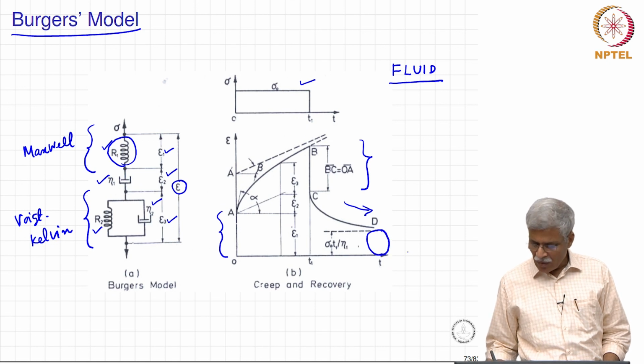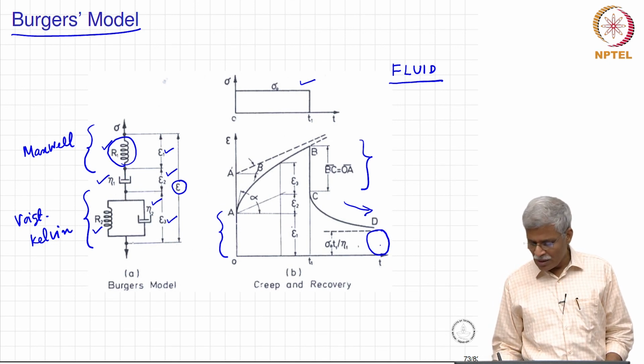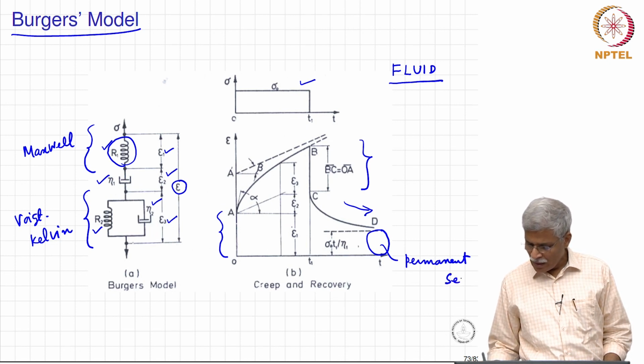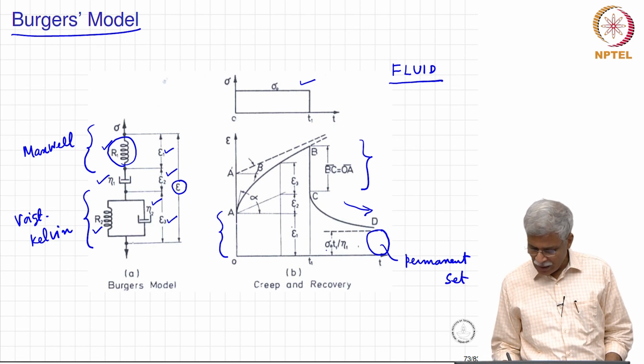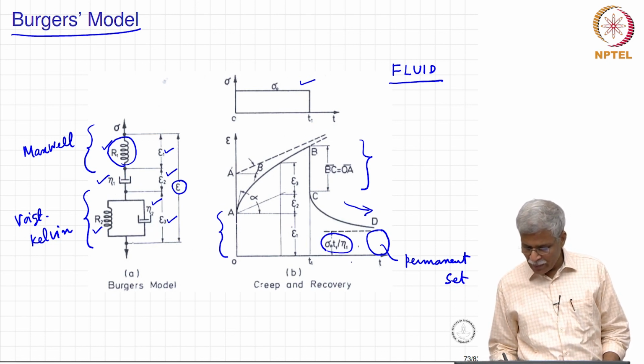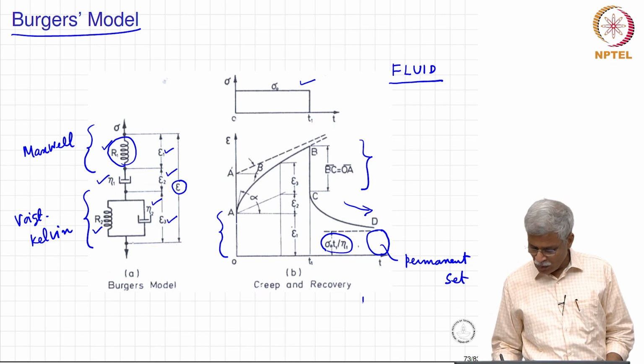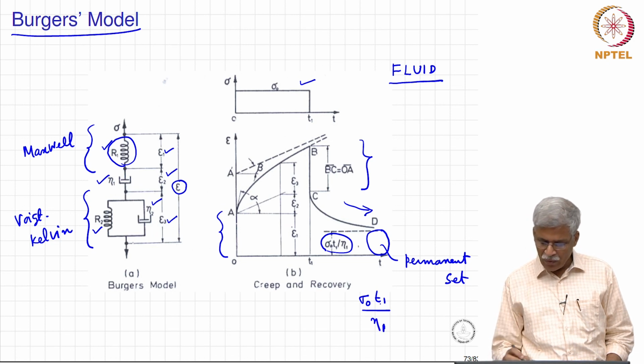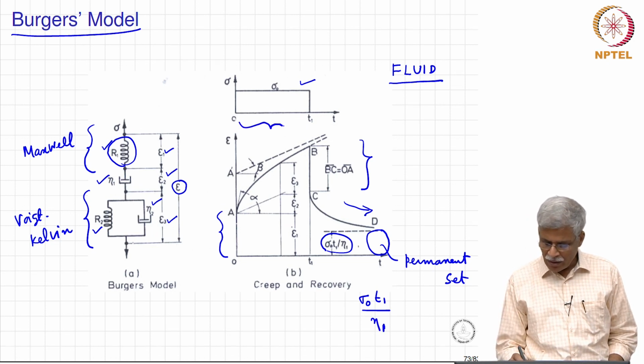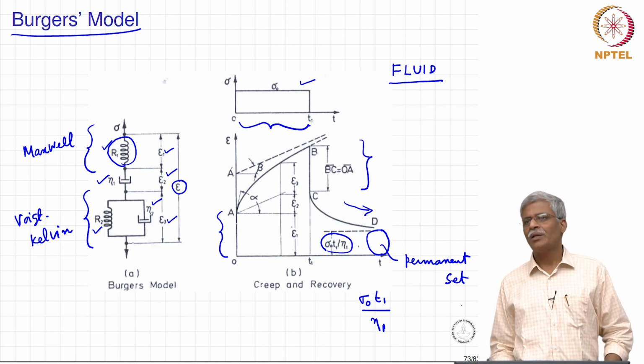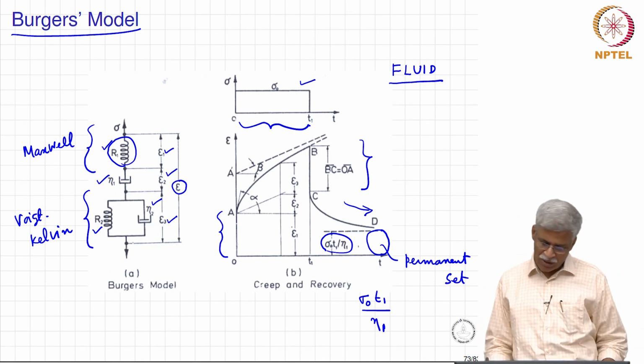And you will also notice here that you can verify the choice of eta 1 by looking at this particular value here, which is mentioned as the permanent set, and you are going to see that this value is independent of the running time. So, you are going to have the expression sigma naught T1 divided by eta 1. T1 is the time duration for which the material is subjected to a load of sigma naught.